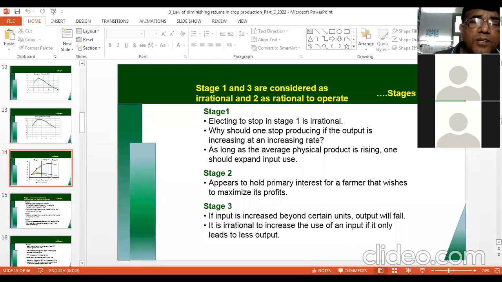Means the farmer should operate in stage 2. In stage 3, if input is increased beyond certain inputs, output will fall. It is irrational to increase the use of an input if it only leads to less output. Means if farmers operate in this region, they will incur a loss.